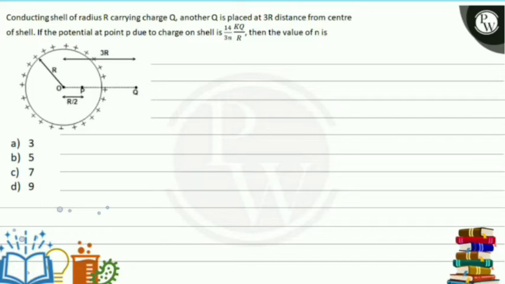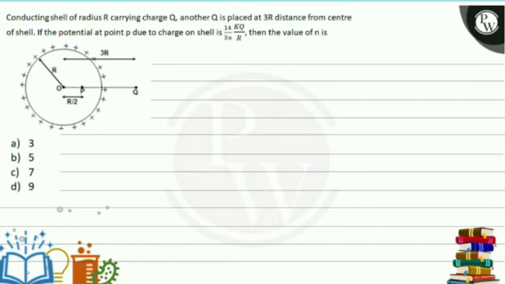Gauss law states the concept that the potential inside a conducting shell is uniform, it's constant. Also, the potential at the center of the conducting shell due to the charges of the conducting shell is kq by r, right?